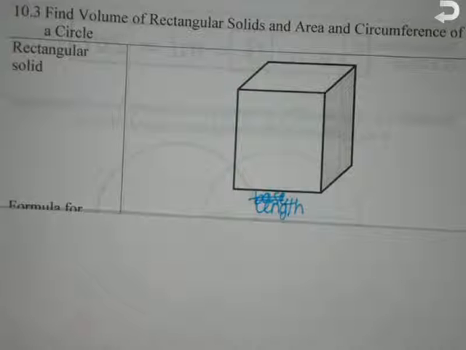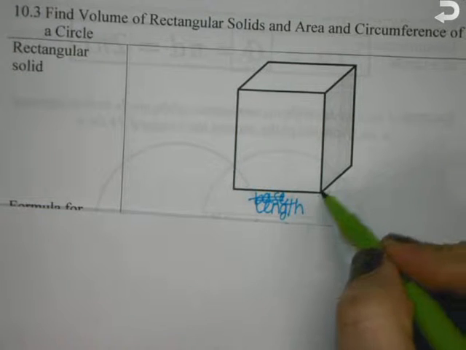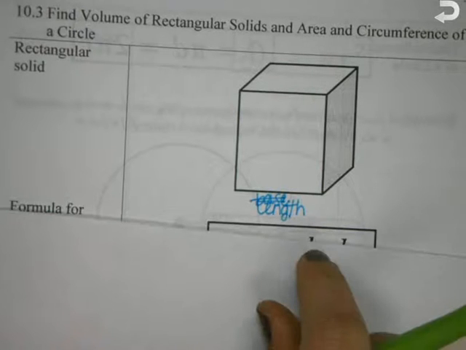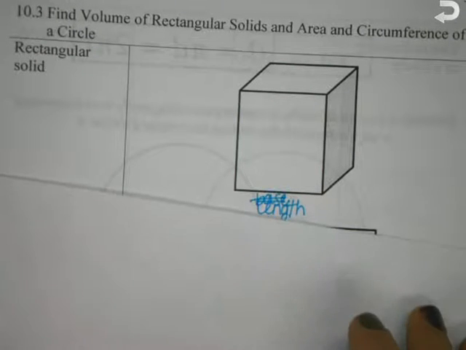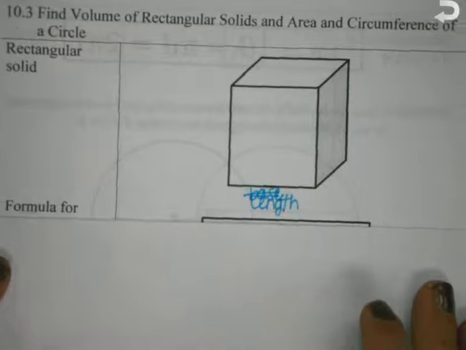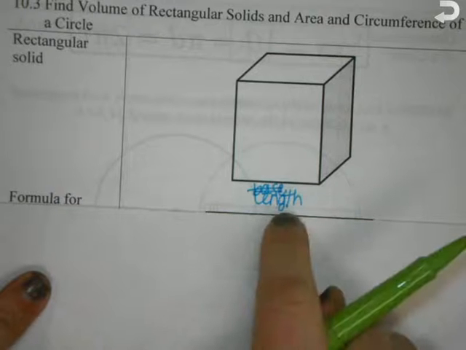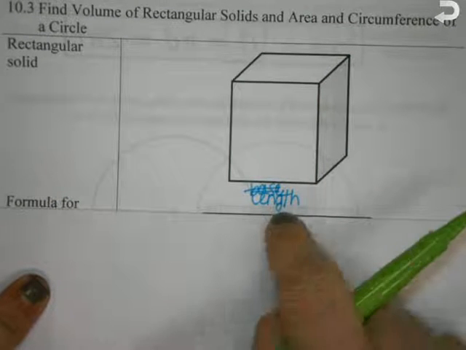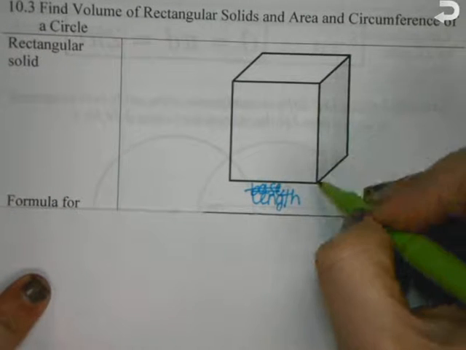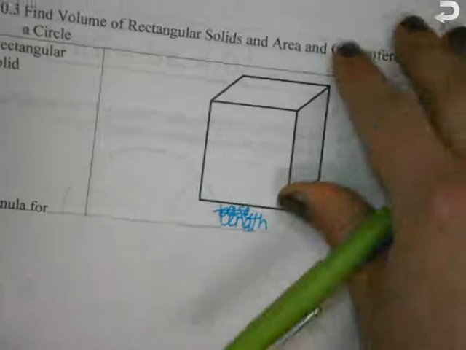Rectangular solids also all have what is called a width. I was thinking of area, and I called it a base at first. So length is the part along the bottom. The width is how wide the box is. So that's this little part right here. So let's label that width.